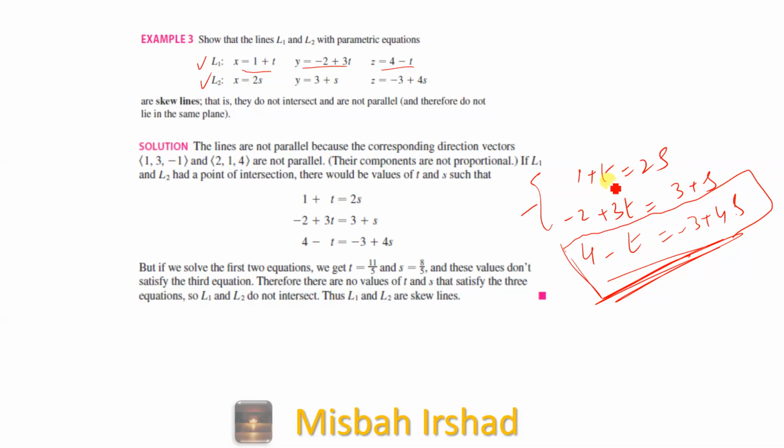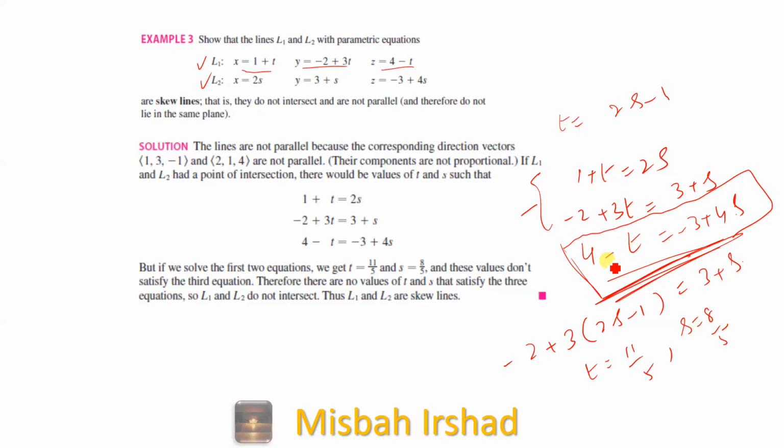From the first equation, we have t is equal to 2s minus 1. Just substitute into the second equation: negative 2 plus 3 times (2s minus 1) is equal to 3 plus s. By simplifying, we have t is equal to 11 over 5 and s is equal to 8 over 5.